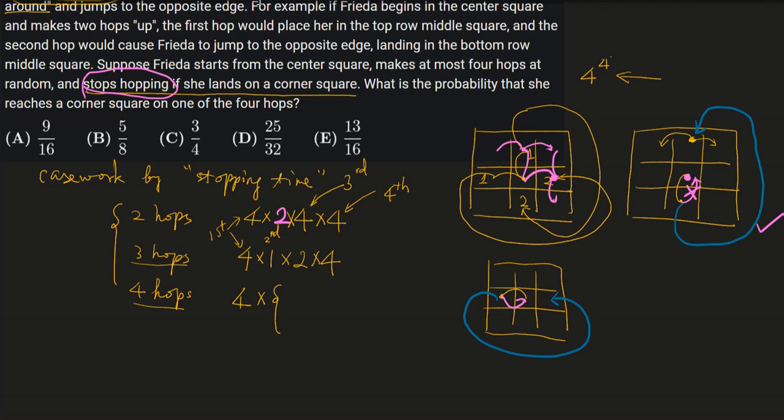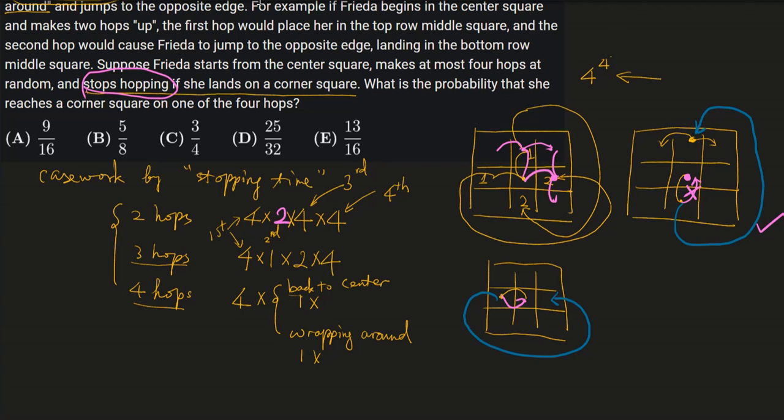The first subcase is back to center, and the second subcase is wrapping around. Then the number of choices for the second step is 1 for the first subcase, and 1 for the second subcase, right? And then let's multiply the possible choices for the third step.